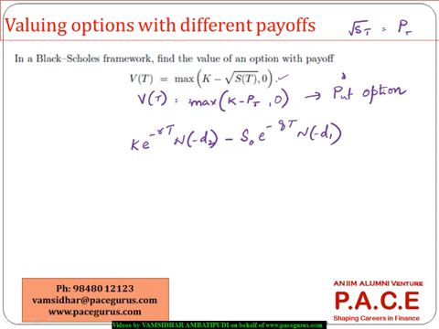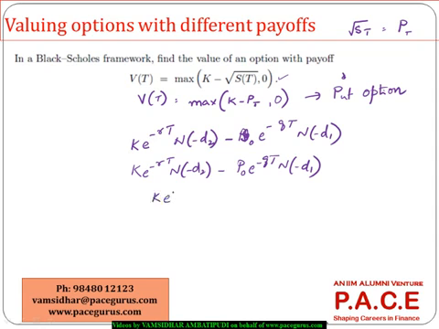Going with that kind of framework, here instead of S0 I will call it P0. So the value of this put option will come out as K e^(-rT) N(-d2) minus P0 e^(-qT) N(-d1). Now P0 is nothing but the square root of S0, right?